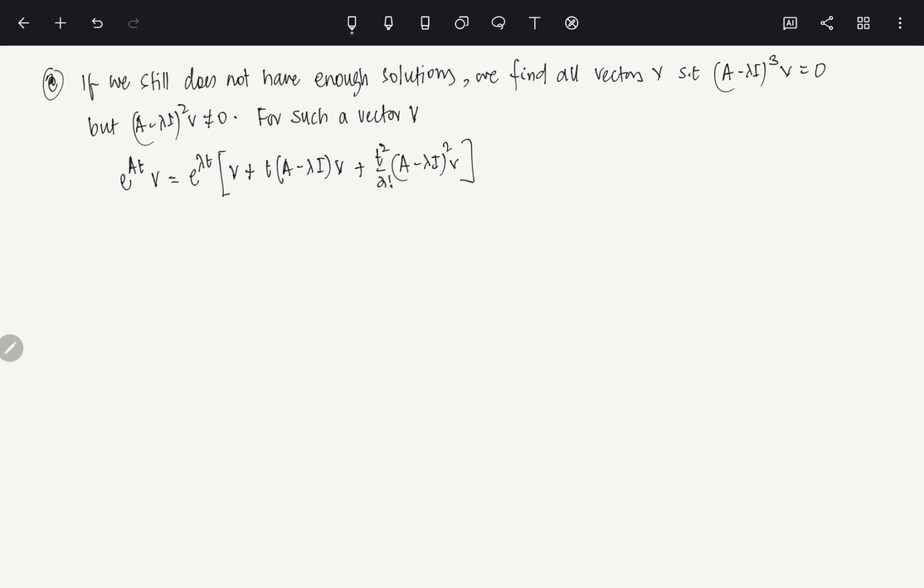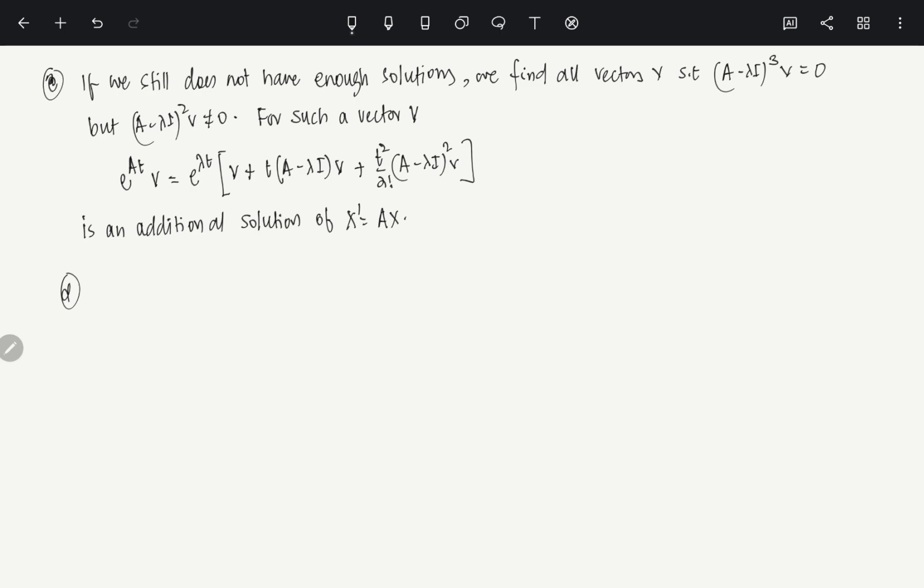The cube part and the other higher powers are going to be 0, right? So this is an additional solution of x prime equals Ax. Clear?